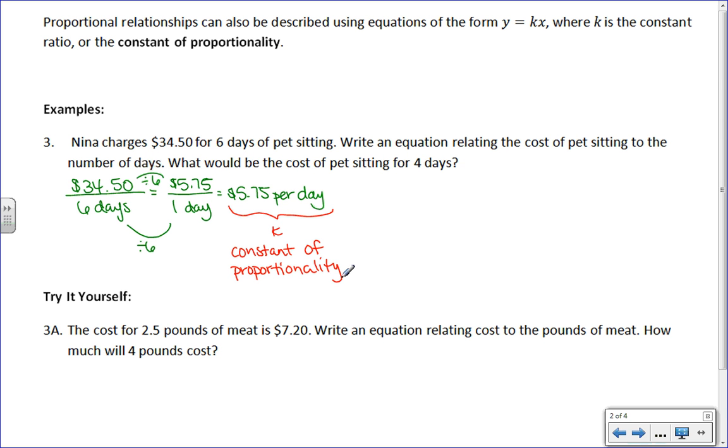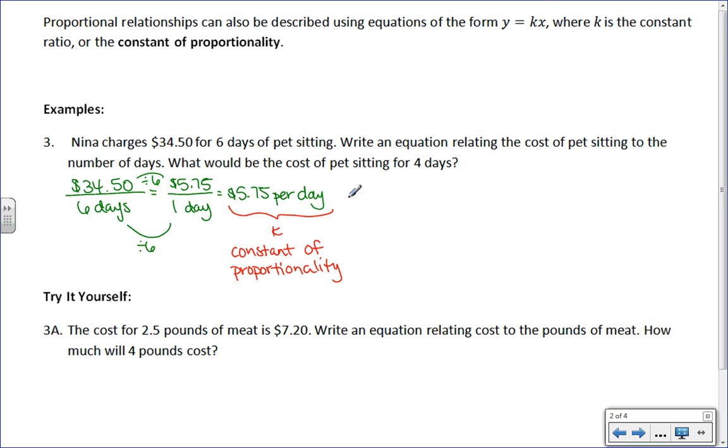Okay, now to write an equation relating the cost to the number of days, our equation will look like this, where k now we know is 5.75. Now in our case, if you look at what this says, she's charging $5.75 per day. So 5.75 times the number of days. So the x in this equation will represent the number of days.